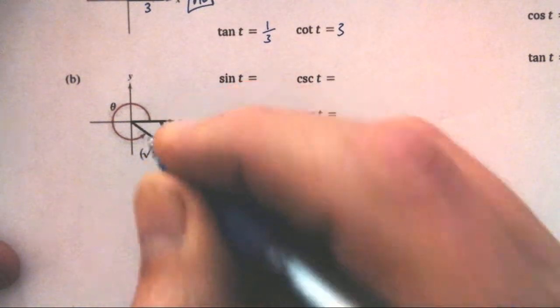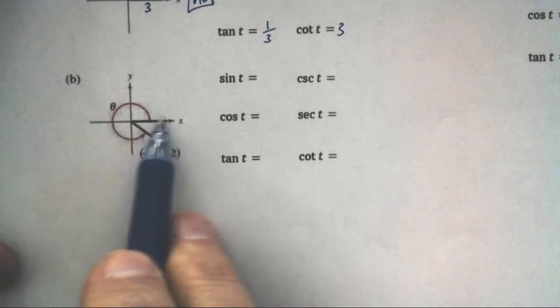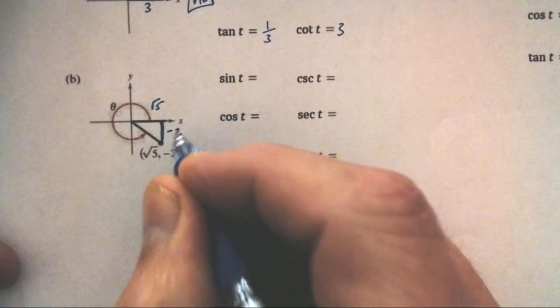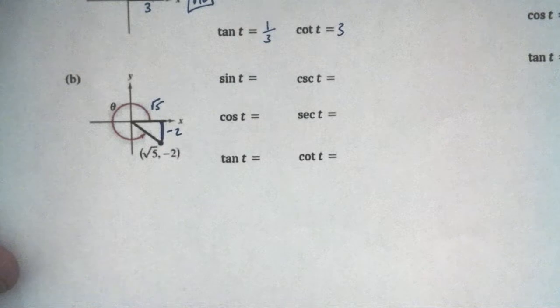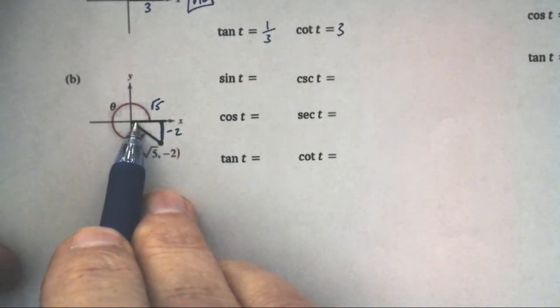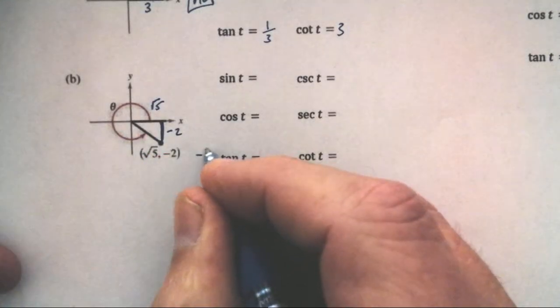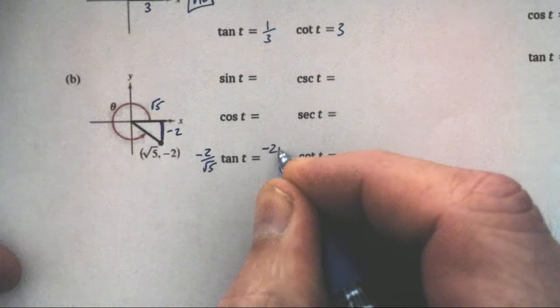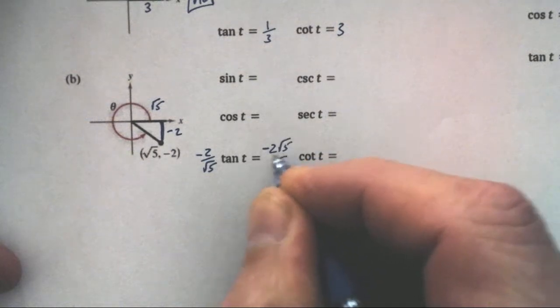Same problem, different quadrant. The distance across here for the x value is square root of 5. The y value is down 2. We have enough once again for tangent. Tangent, opposite on adjacent, or better yet, y on x, negative 2 on square root of 5. Rationalize, negative 2 square root of 5 on 5.